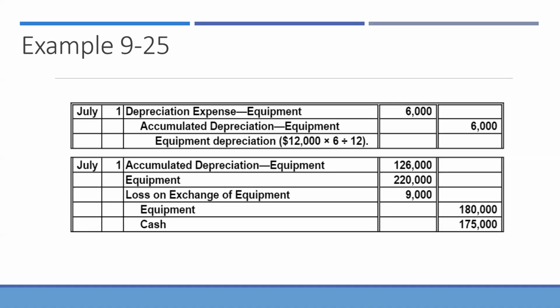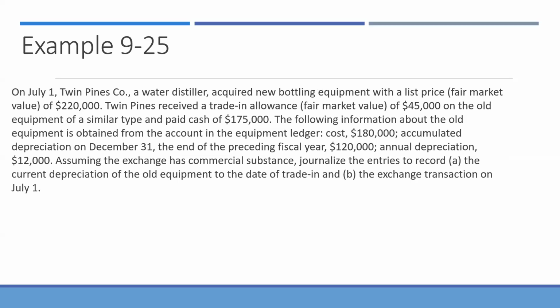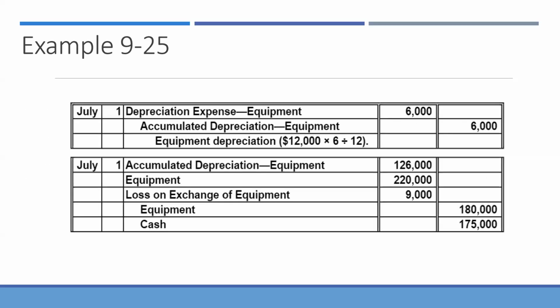We record the credit to the cash that was necessary. And then the new equipment is recorded at fair value of $220,000, which is the trade-in allowance of $45,000 plus the $175,000 in cash. And then we have to record a loss of $9,000 to balance our entry.